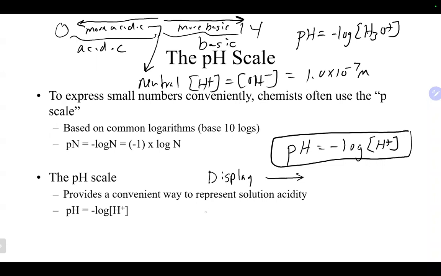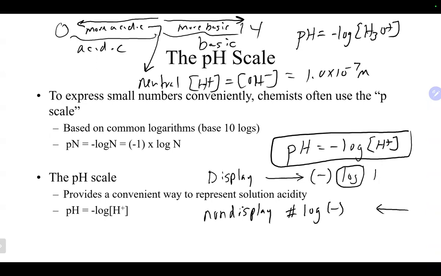If you have a non-display calculator, you need to do this equation, and all the other ones, the opposite way. You need to start with the number, then hit log, and then hit the negative button. So negative, log, and number; number, log, and negative.